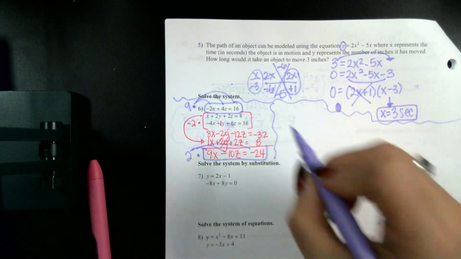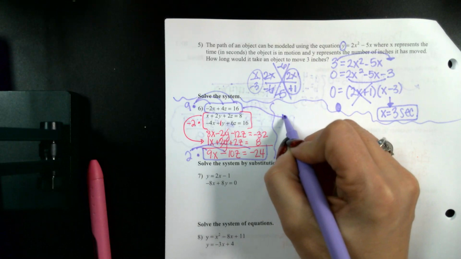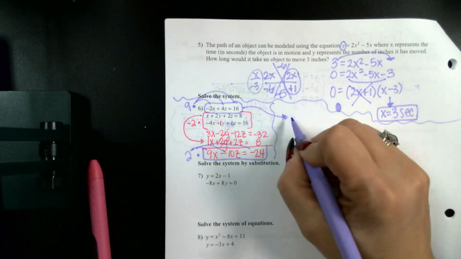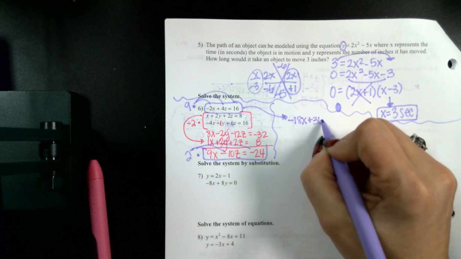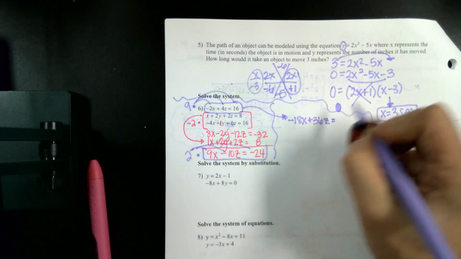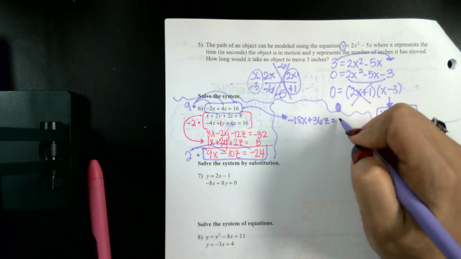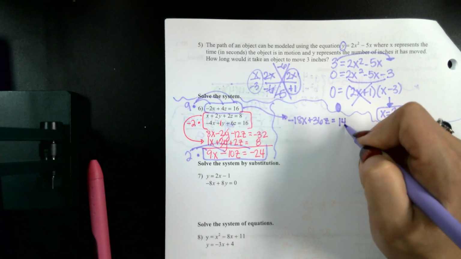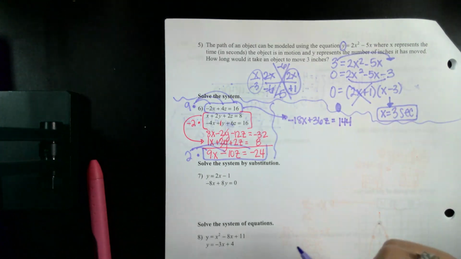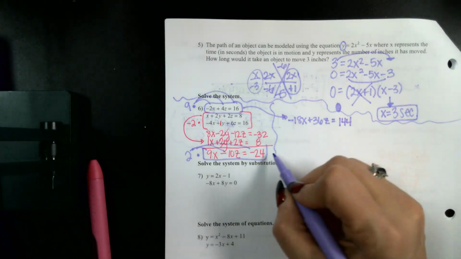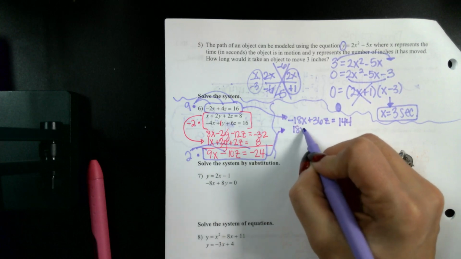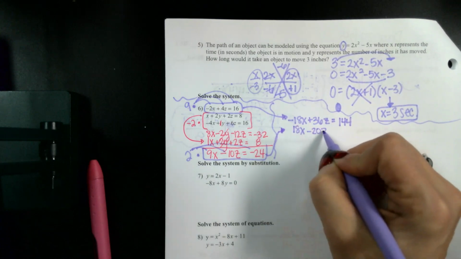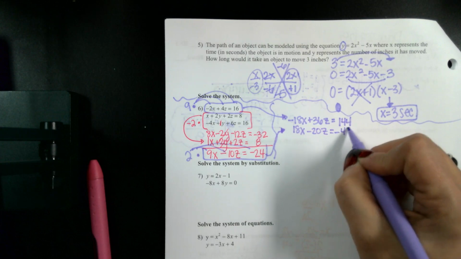Okay? So if I multiply that top one over there by 9, I would have -18x plus 36z equals 144. And then I'm going to bring this one over and double everything, so that'd be 18x minus 20z equals -48.